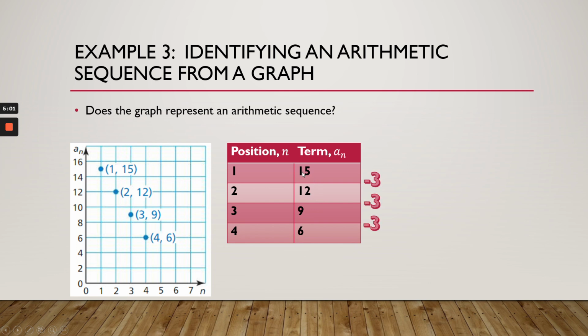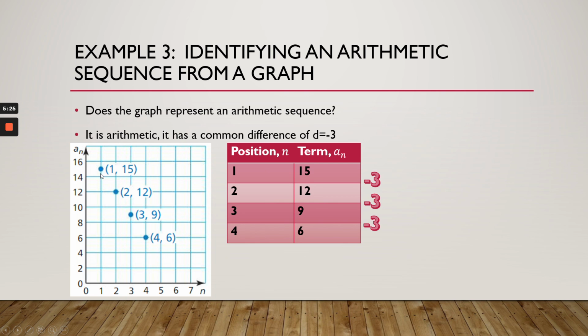And 12 minus 15, negative 3. We minused a 3 each time. 15 minus 3 is 12, 12 minus 3 is 9, and on and on. So we do see there is a common difference. Because there's a common difference, then yes, it's going to be arithmetic. It is arithmetic with a common difference of negative 3.